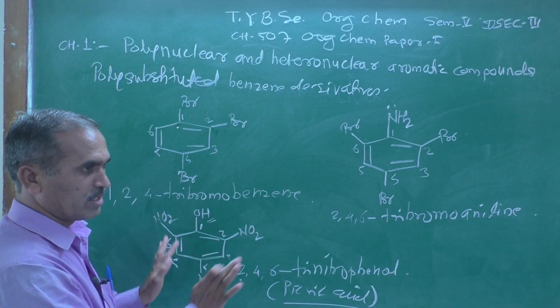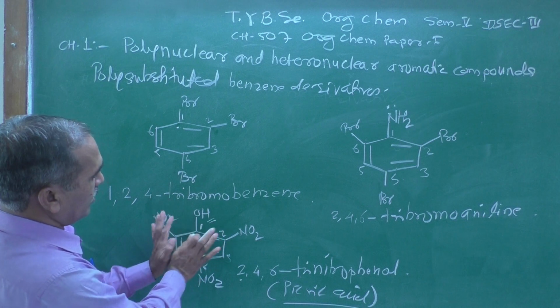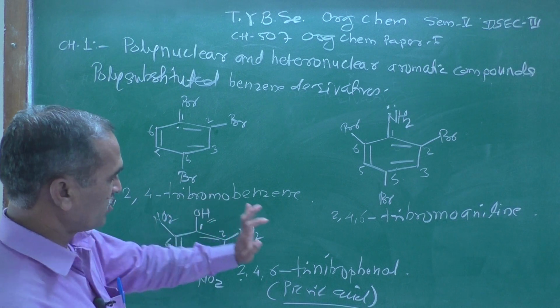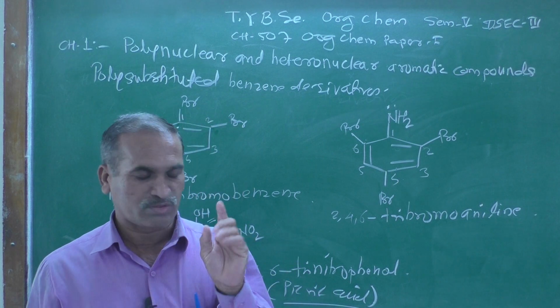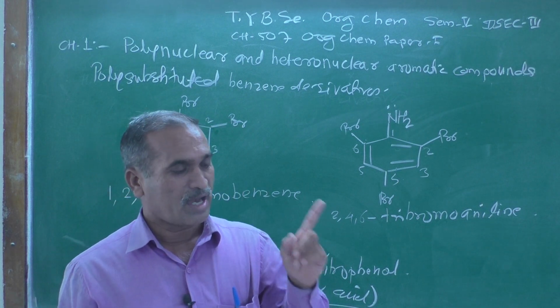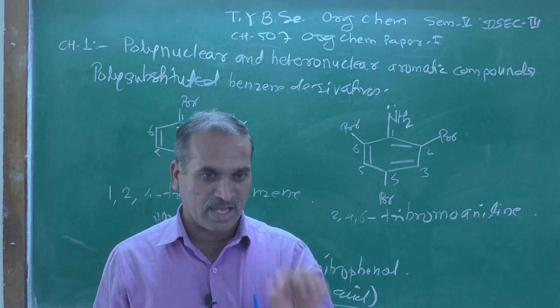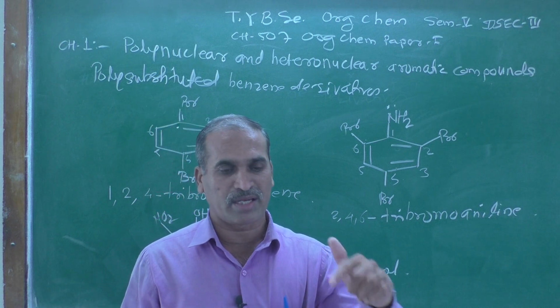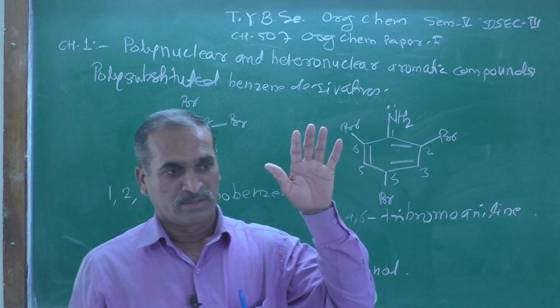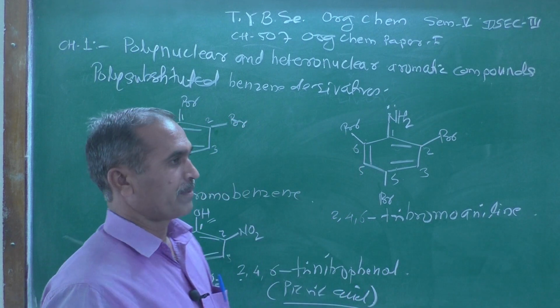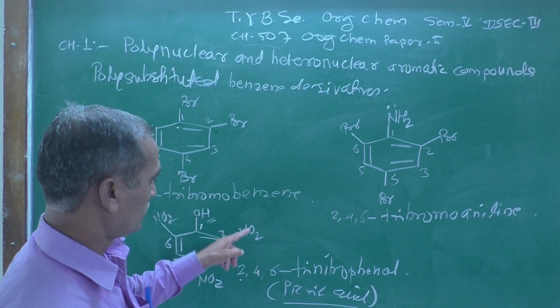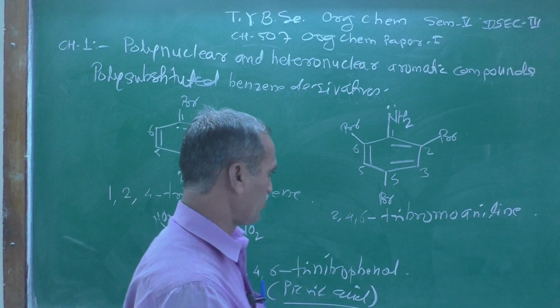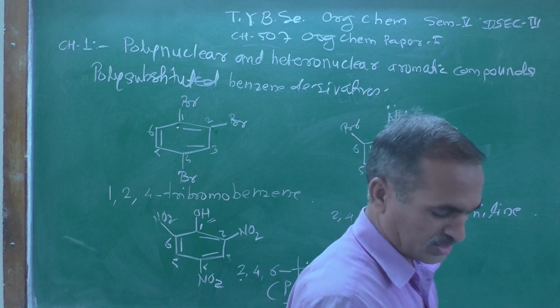Don't think about the other part. After the dissociation there is a formation of the anion, and that anion is well stabilized due to the resonance effect, and for that reason picric acid is more acidic than simple phenol.